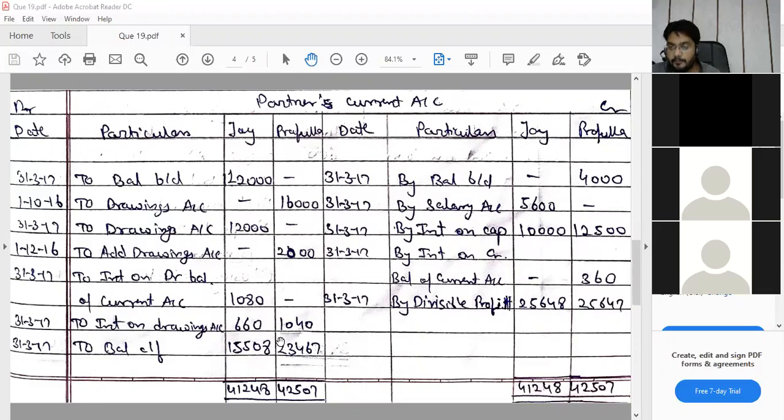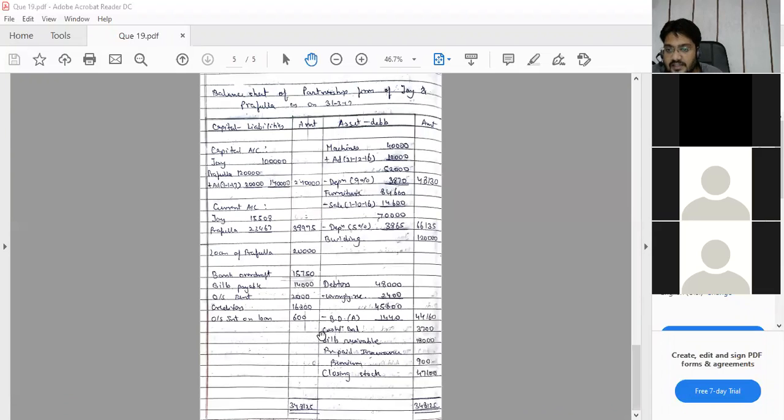So 2,400 into 60% comes to 1,440, which is your bad debt. So please deduct from the debtors, minus bad debt adjustment 1,440. So total in the outer column 44,160.